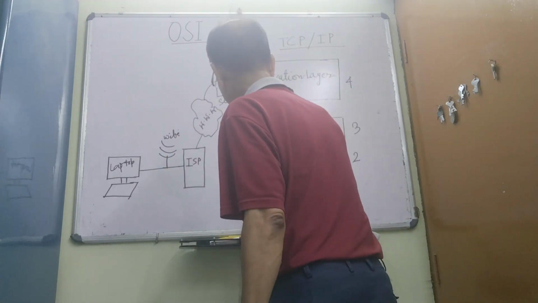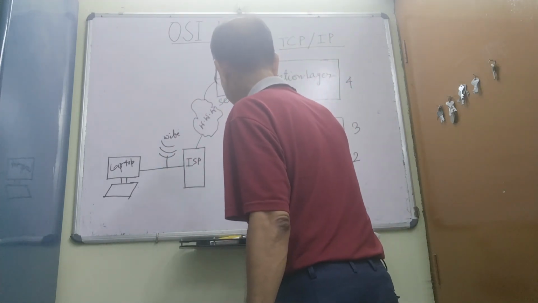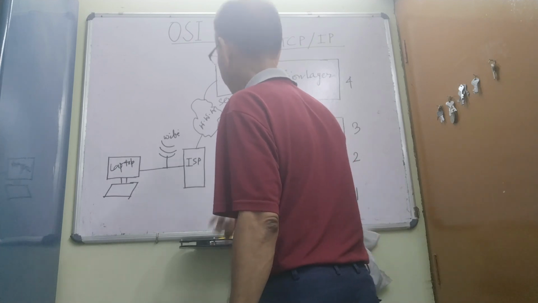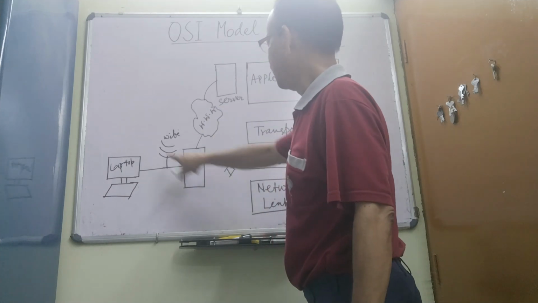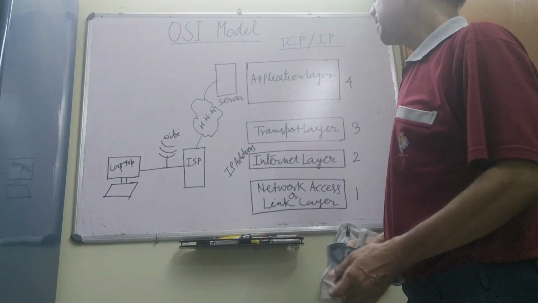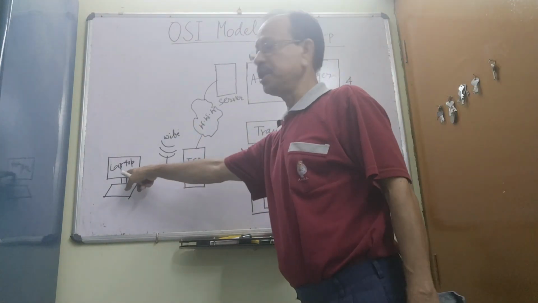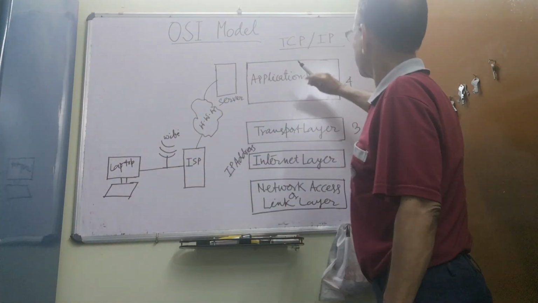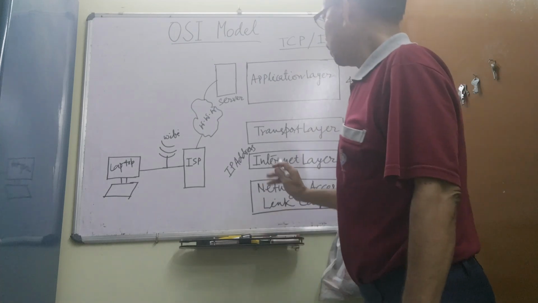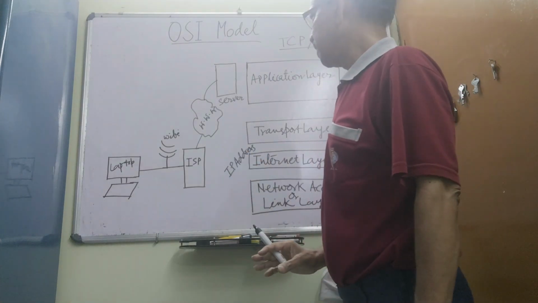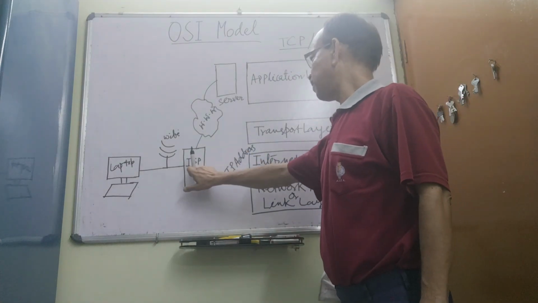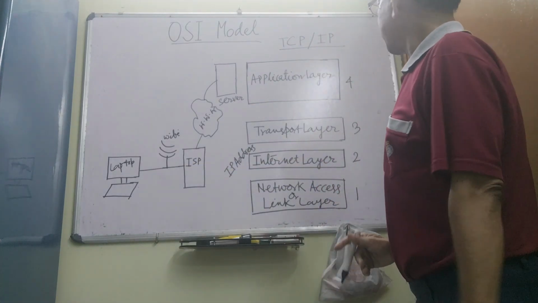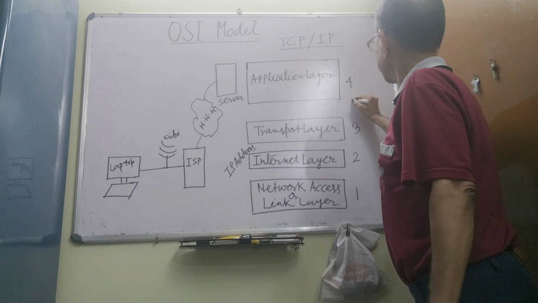Here the internet layer handles the IP address provided by the ISP to your machine. You want to contact another machine from your machine, so we know the IP address from the internet service provider, and you know the DNS, Domain Name System.